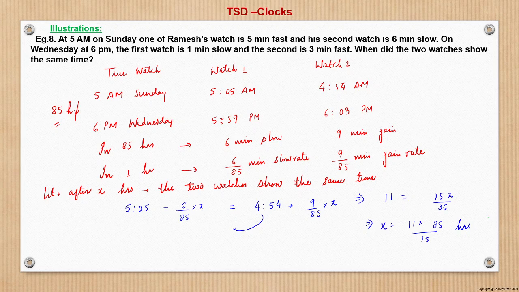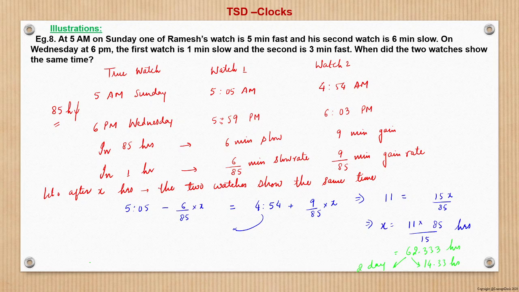Let us calculate. 11 into 85 divided by 15 is 62.33 hours. So 62 hours is 2 days, meaning 48 hours, and then another 14.33 hours.